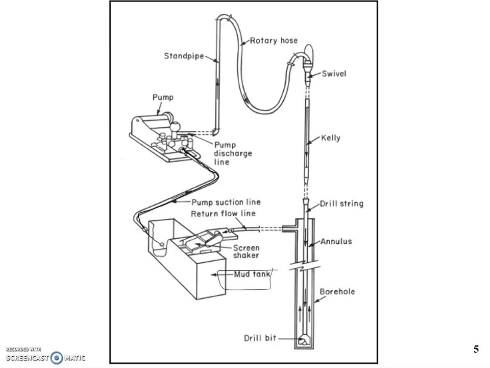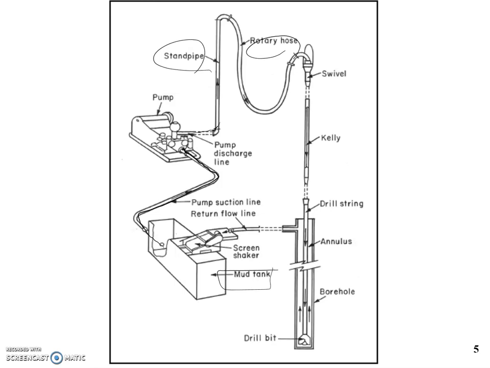Mud pumps are pumps that inject the drilling fluid at a certain rate or pressure, and then the mud will travel through a pipe which is called a standpipe. These are the surface connections, standpipe and rotary hose.